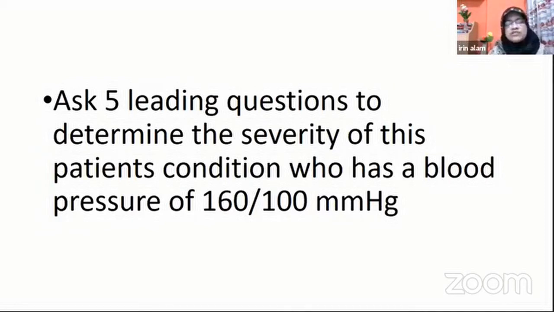You have to also ask whether she has nausea or epigastric pain or upper abdominal pain, and any mental change. These leading questions have to be asked to determine the severity of the patient. If these are present, then this will be preeclampsia with severe disease and you have to treat accordingly.